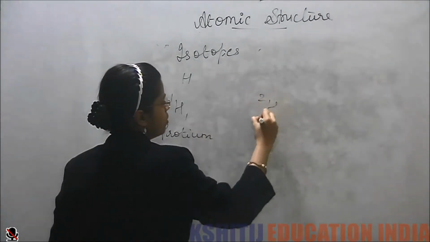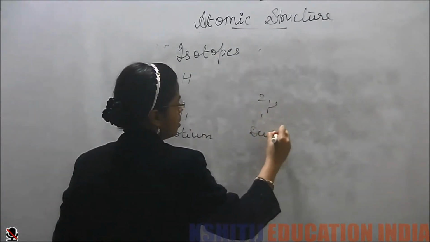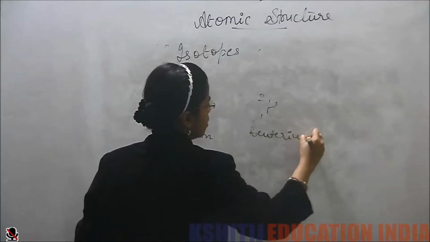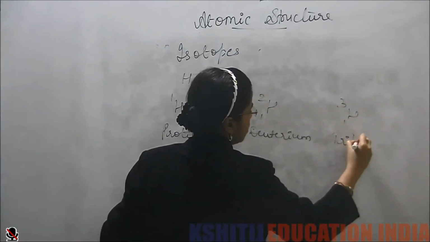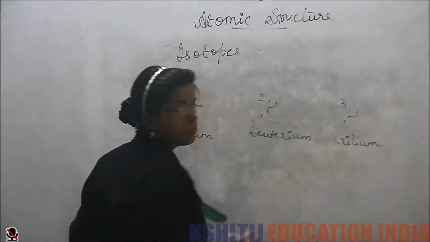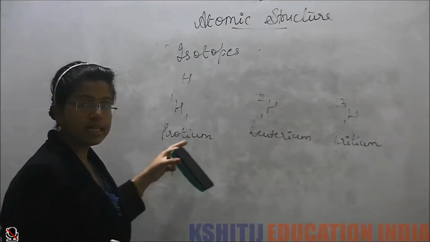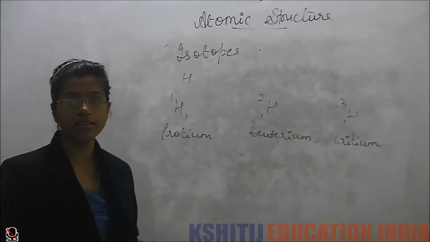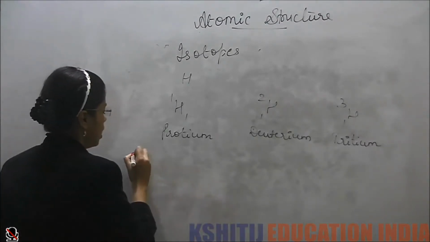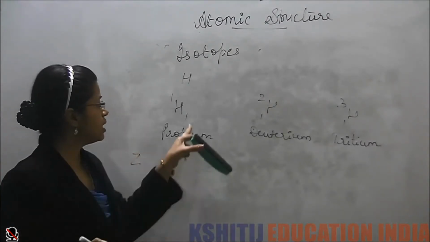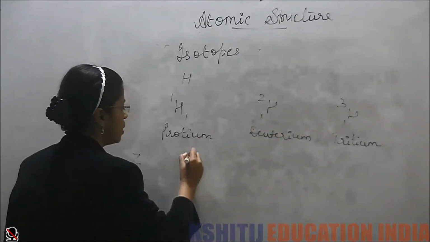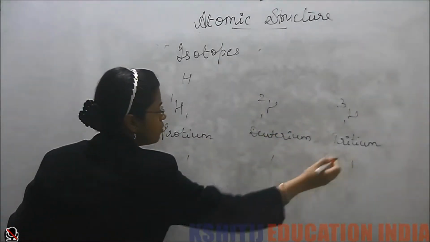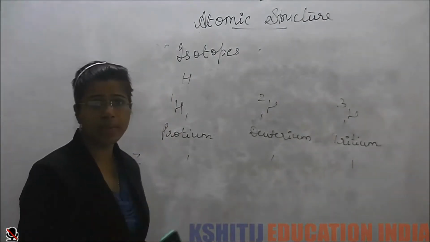Then we have deuterium and then tritium. Okay. Let us compare them in terms of mass number and atomic number. Atomic number, see, subscript in all the cases is 1 only. So obviously atomic number would be 1 only, and obviously they belong to the same element.